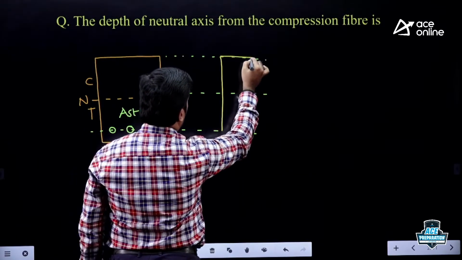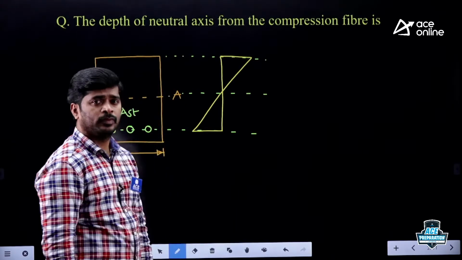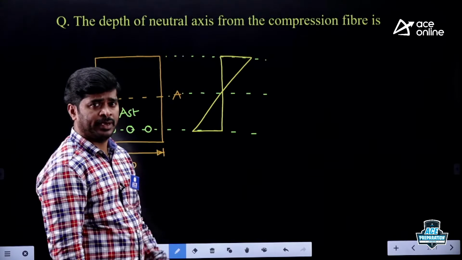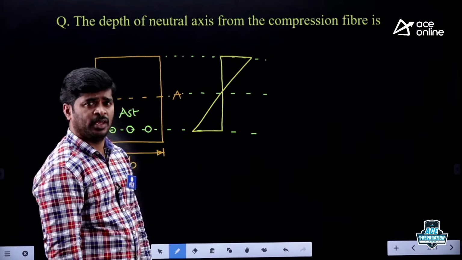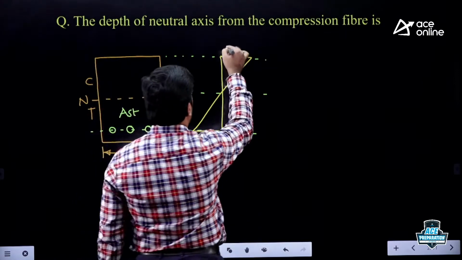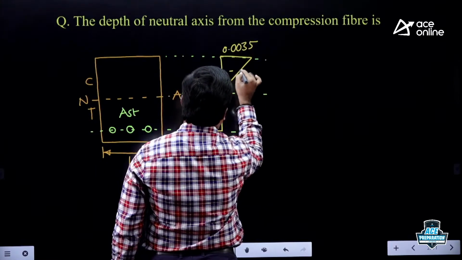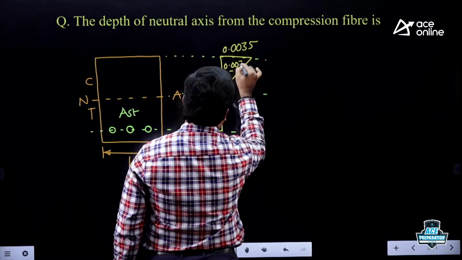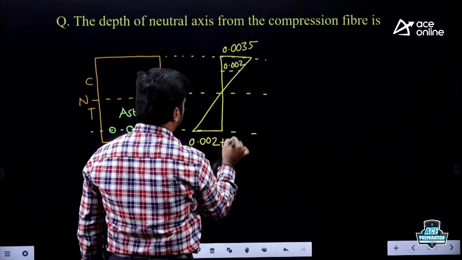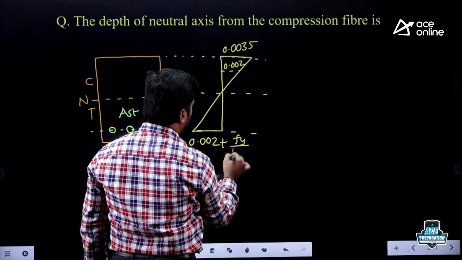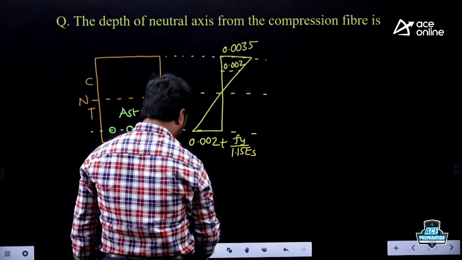We know that it varies linearly based on the assumption that a plane section remains plane before bending, even after bending. You know, here the strain will be 0.0035. Somewhere you will get the strain 0.002. Here the strain will be 0.002 plus Fy upon 1.15 times Es. But here you have to observe the modifications.